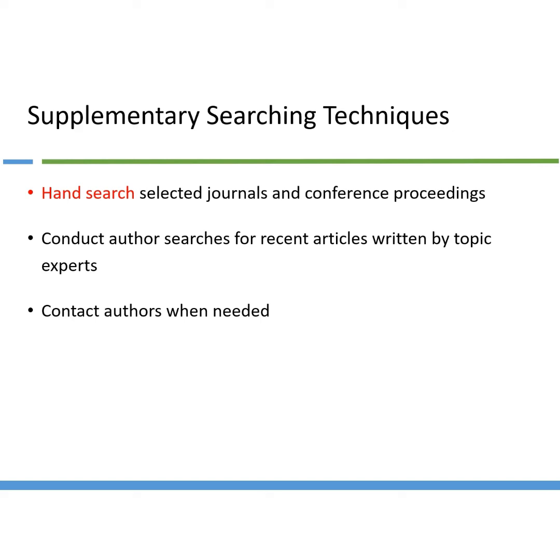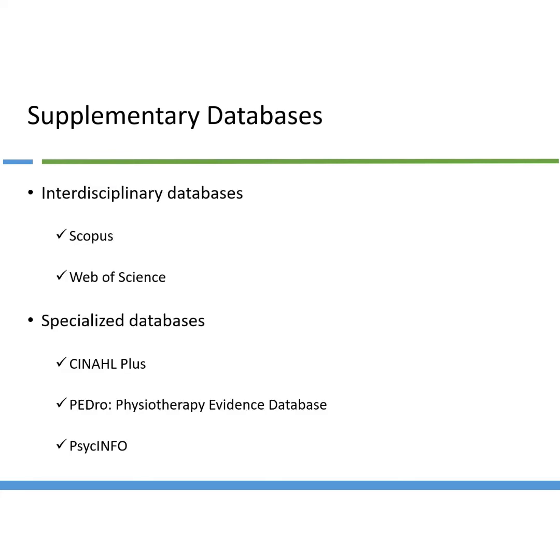Contact authors if needed. You can have supplementary databases, depending on your question, such as Scopus, Web of Science, some specialized databases, for example, PsycInfo or Physiotherapy Evidence Database, or CINAHL, I think it's for nursing. So if your question is in a specialized area, you can use a specialized database.